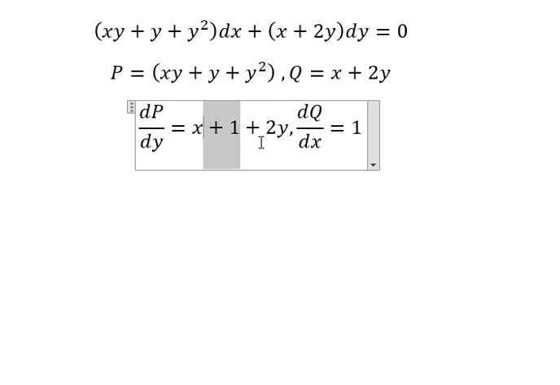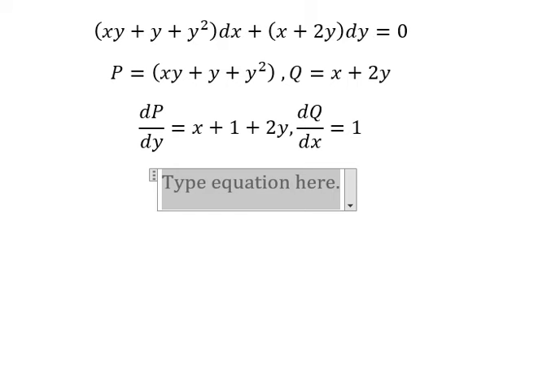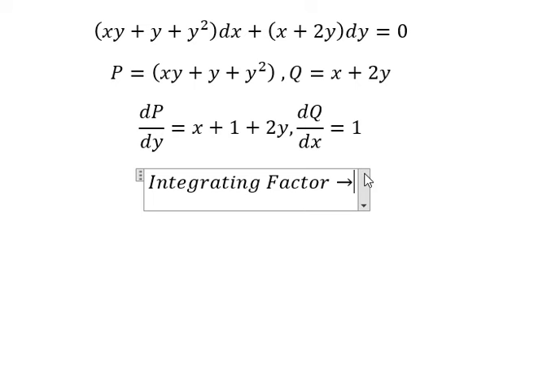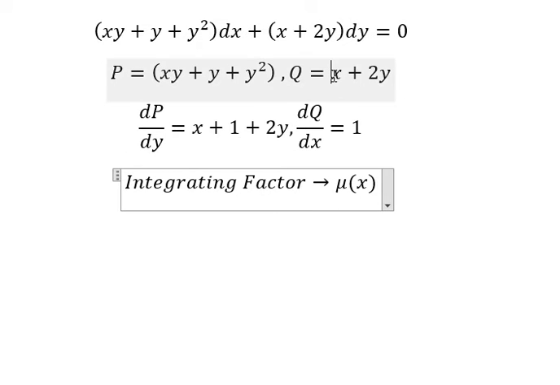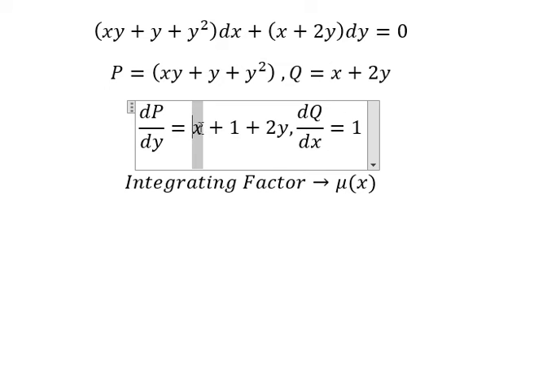So we see that this one is not equal to this one. So we need to use an integrating factor. We see that we need to choose mu x because this one we have x plus 2y and this one we have x plus 2y in here.